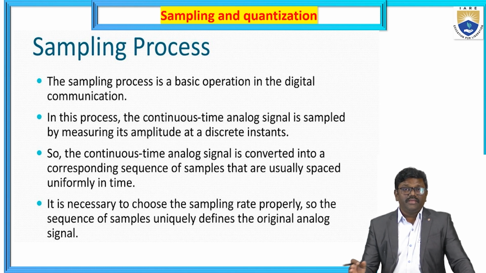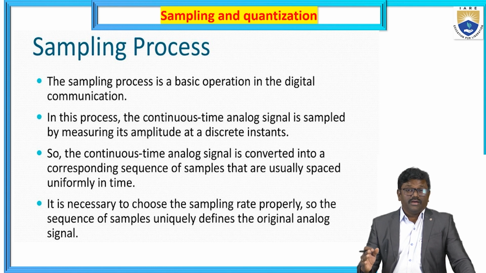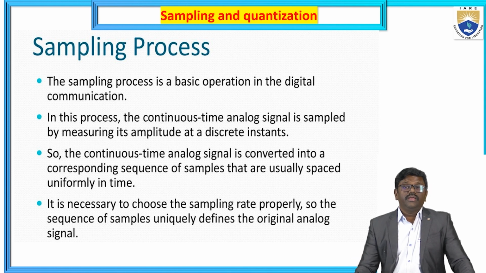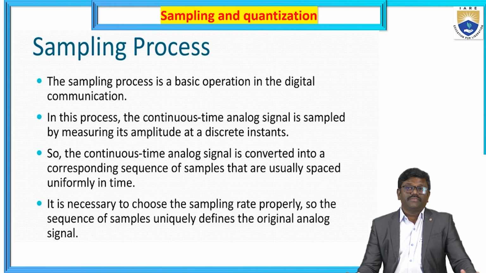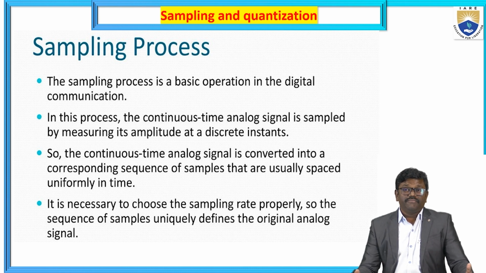It is necessary to choose the sampling rate properly, so that the sequence of samples uniquely defines the original analog signal. That is the complete understanding of the sampling process.